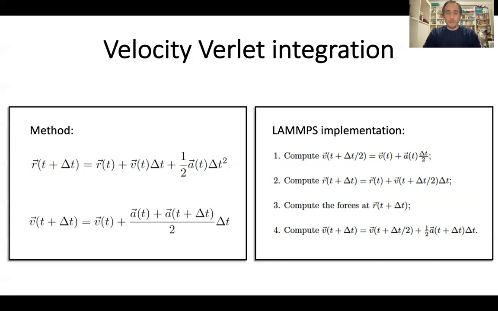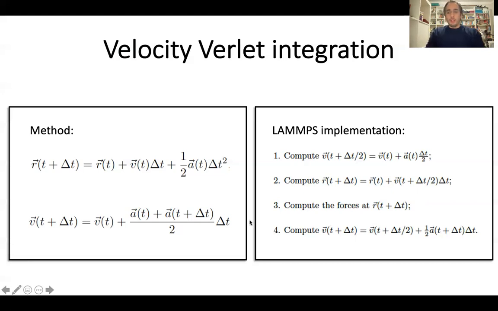And then you use these new forces for the final half step of the velocity. So the advantage here, as you can see, is that you only need to compute the force in the middle of the steps, and you only need to save at all times only one value of forces or acceleration. Here you have the previous steps, and then you compute the force, and then you update the values of the force acceleration, and then you just use it for the next step, which saves some memory usage.